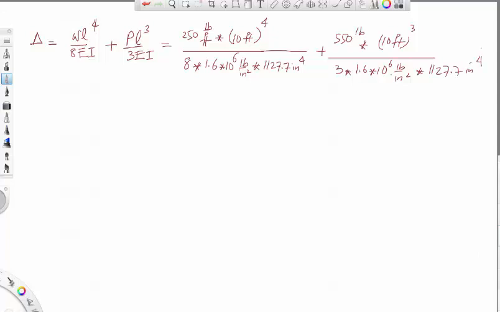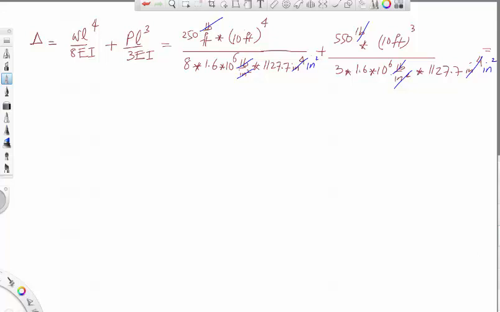As we have always said, we need first of all to do the cancellation of units and then do the conversion. If you look, we have pound and pound, which will be cancelled out. Inch square and inch to the power of 4 becomes inch square, and the same thing goes for this part. We have pound and pound cancelled out, and inch square and inch to the power of 4 becomes inch to the power of 2.